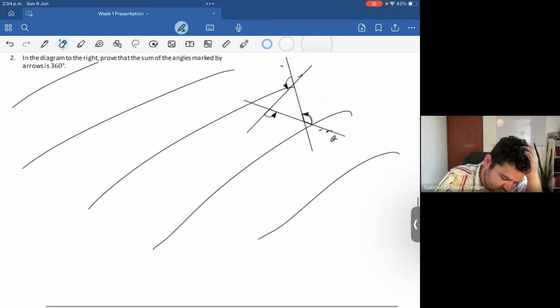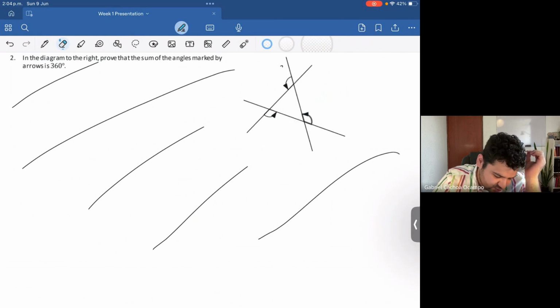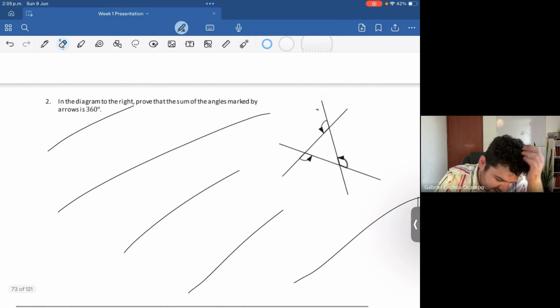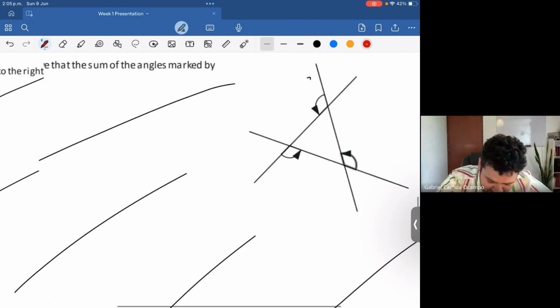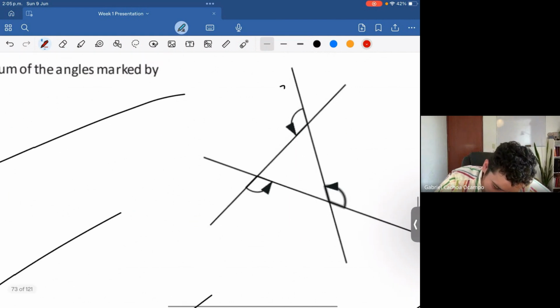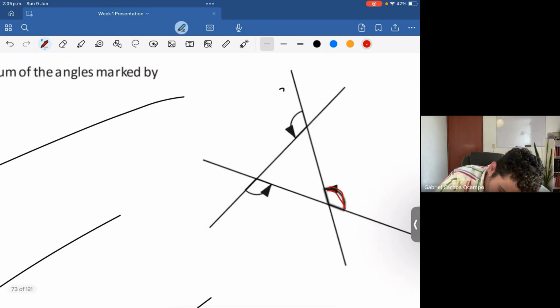Okay, so for example, if you want the hand waving argument on why this is true, let us give a hand waving argument, not a proof. This angle is an exterior angle.